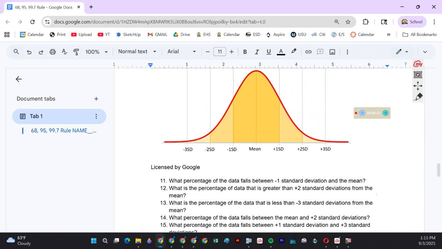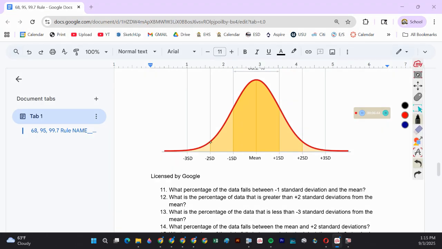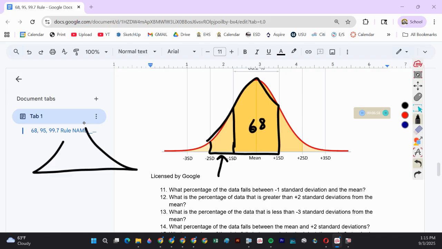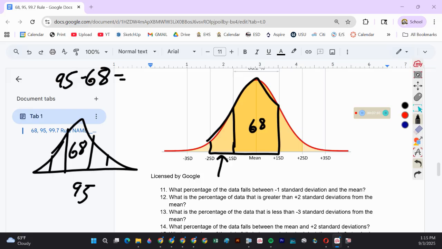Between -2 and 1. So between here and here. So we know that this is 68. So now we just need to figure out how big that is. Well, if I look at 95 and I subtract 68 from 95, what is that, 27?